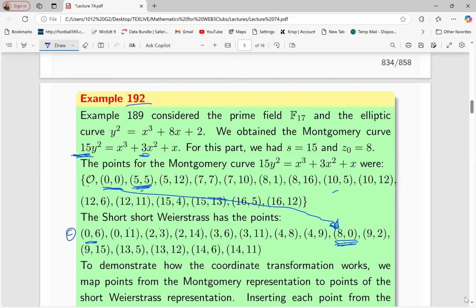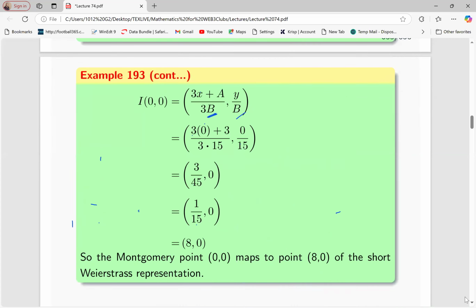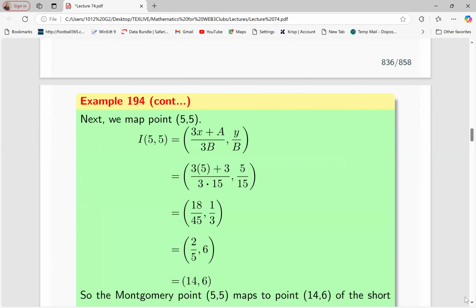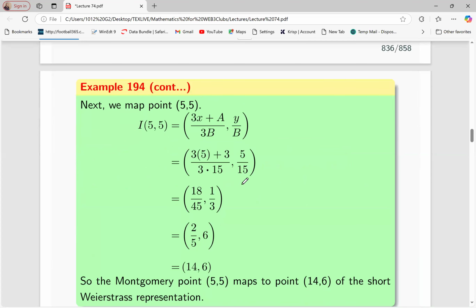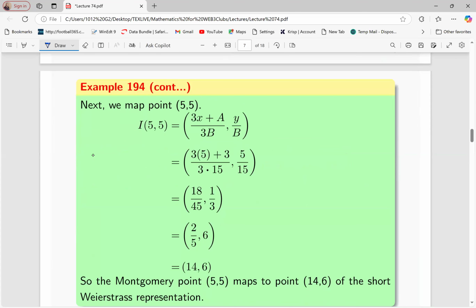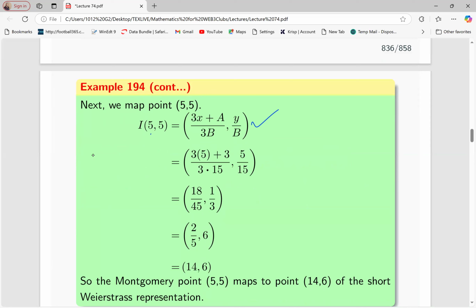Again, we just go to the equation and insert the point. So this is our equation. If you're given a point on Montgomery, you can get a point on short Weierstrass using this formula. We had found that A was 3 and B was 15.